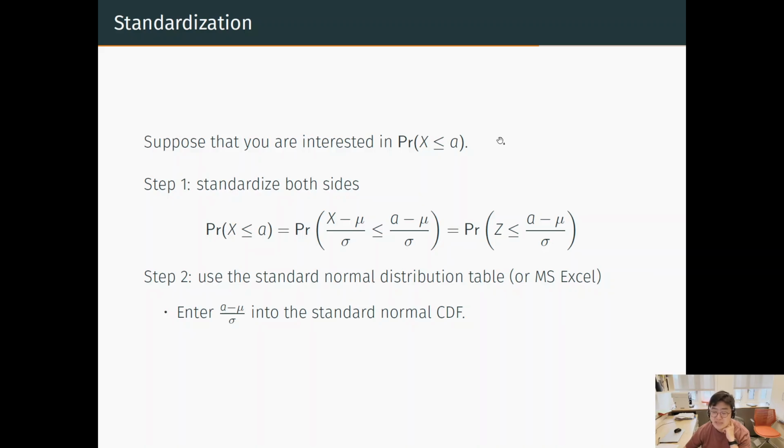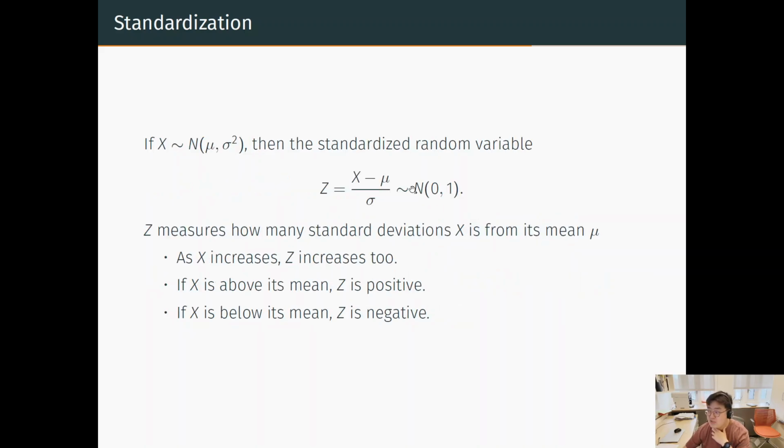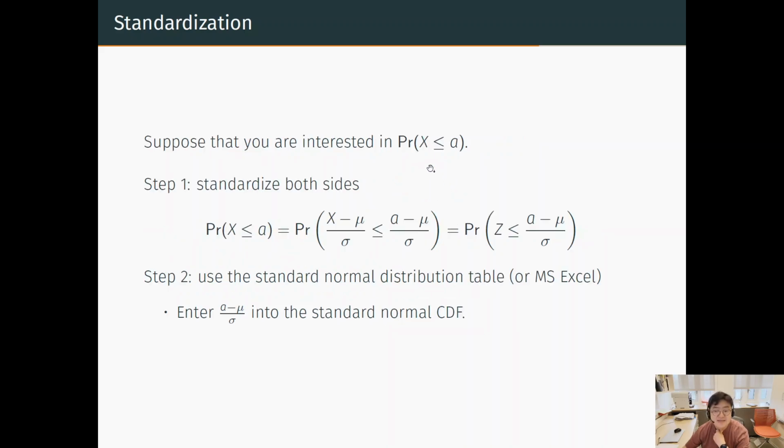So how do we use it? We may use the standard normal distribution to calculate any cumulative probability for the non-standard normal distribution. X is non-standard, but we may use the standard normal distribution to calculate the probability.